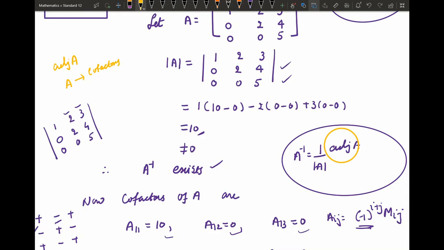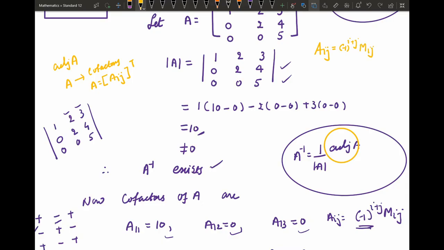and then the matrix formed by the elements of the cofactors, we have to take its transpose. So first let us evaluate cofactor Aij, and we are familiar with the formula of Aij, minus 1 raised to i plus j into Mij.